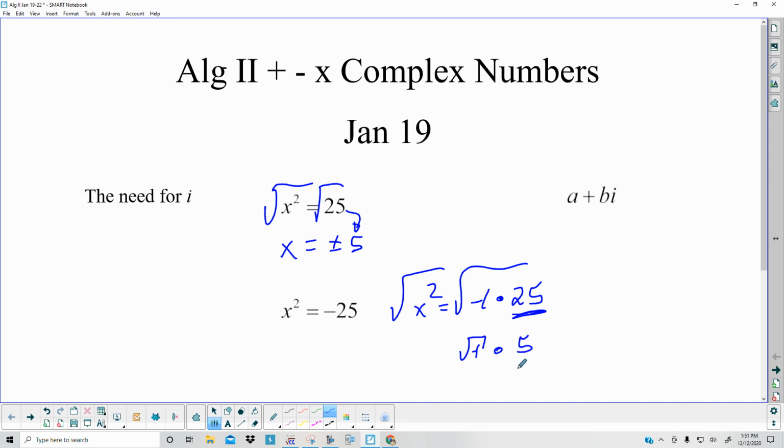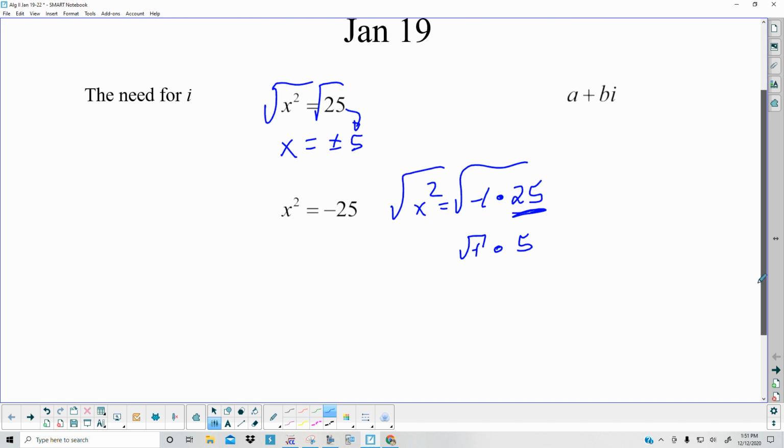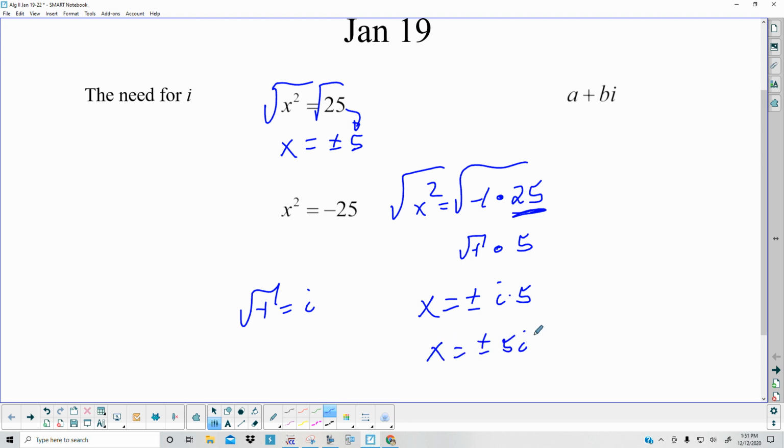Times 5. That negative 1 is still here. Well, the square root of negative 1, it turns out, is i. So x is equal to plus or minus, that's i times 5, and typically you would turn it around to go plus or minus 5i.